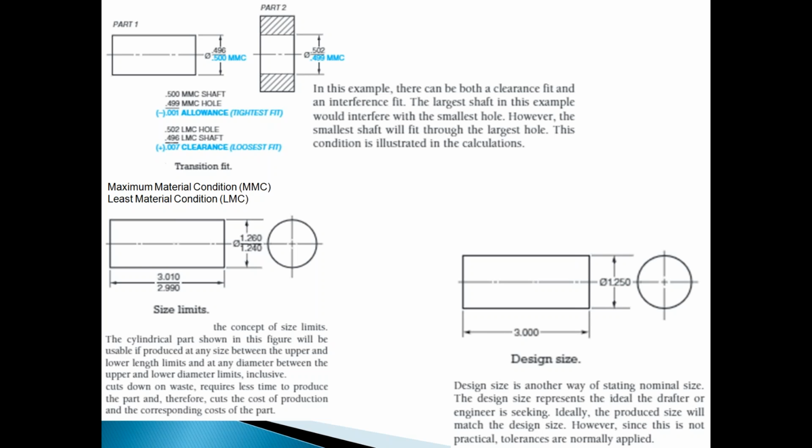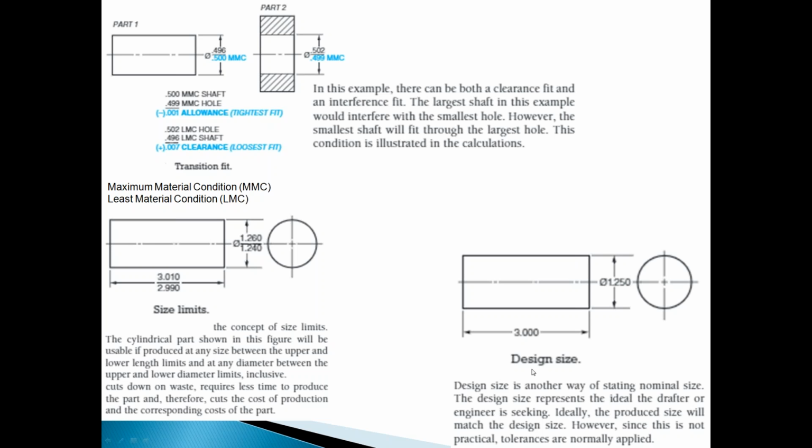So the concept of the size limit is to make sure that you don't make it too precise. If you don't specify that, it could waste a lot of your time, money, and material. So the best thing is to determine all the size limits to make sure that the designer or the manufacturer won't design something that is greater than your allowable size limits.